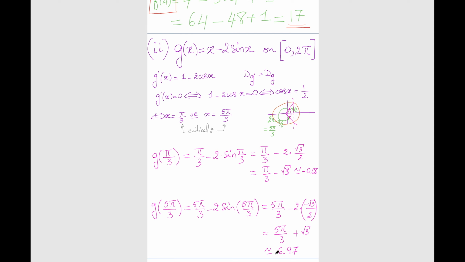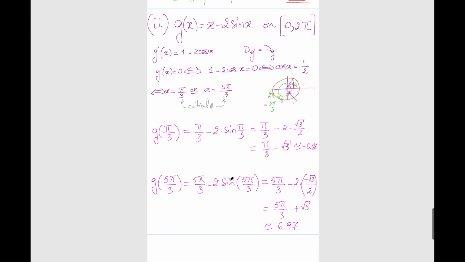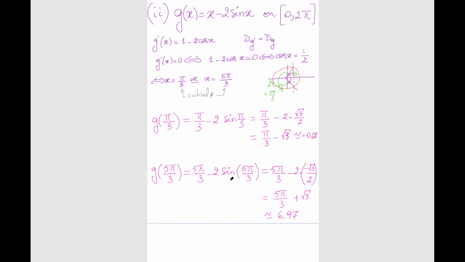And if it's bigger than this, then at 0 I'm going to have a global maximum. A similar discussion applies for 2 pi. So let's evaluate g at 0. What's g of 0? It's immediate. G at 0 is 0 minus 2 sine 0. Sine of 0 is 0, so this is 0 minus 0. So that's going to be 0.